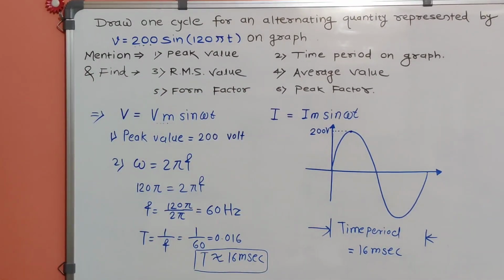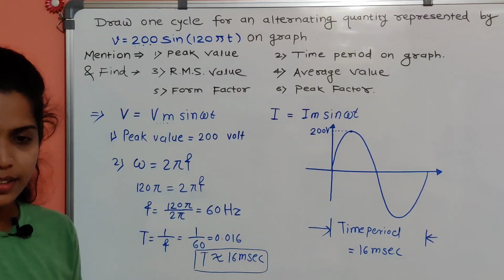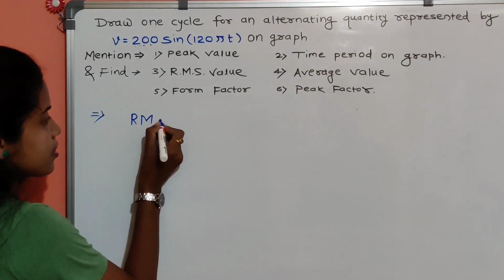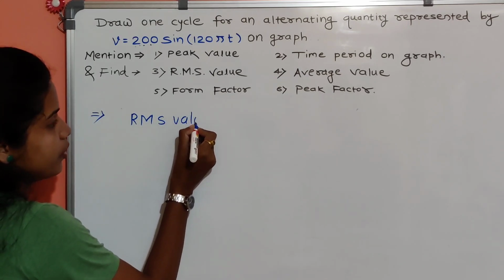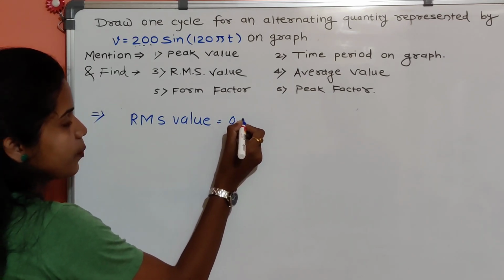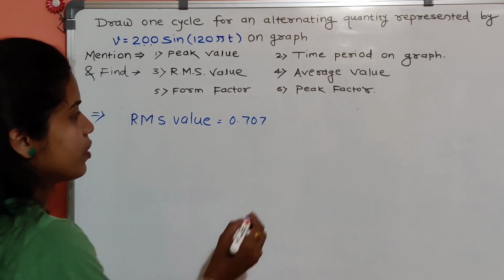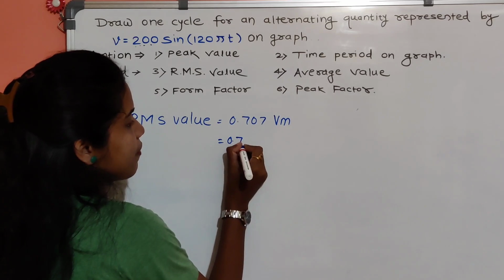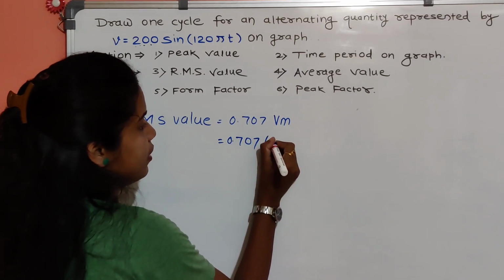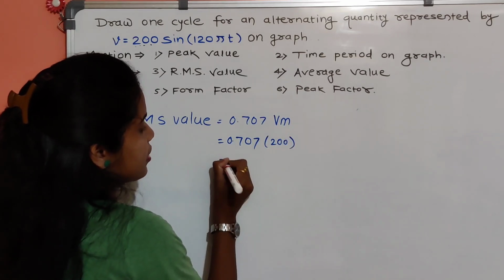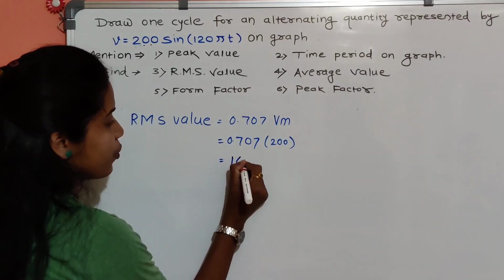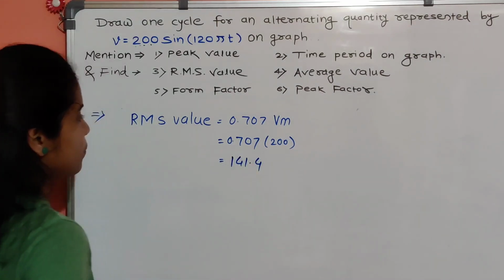Now find RMS, average, form factor and peak factor. RMS value is equal to 0.707 times the peak value Vm. 0.707 times 200 is equal to 141.4.